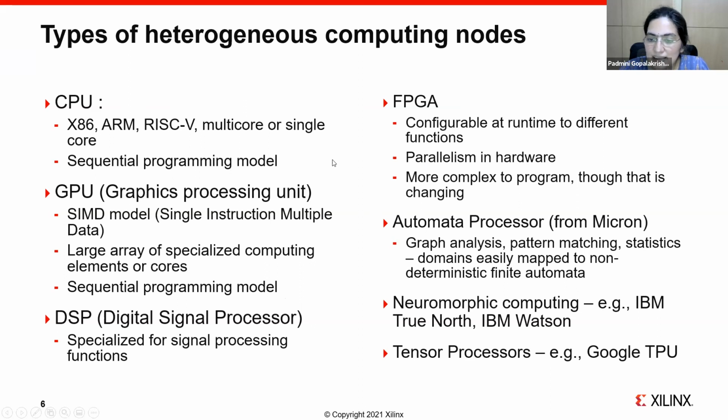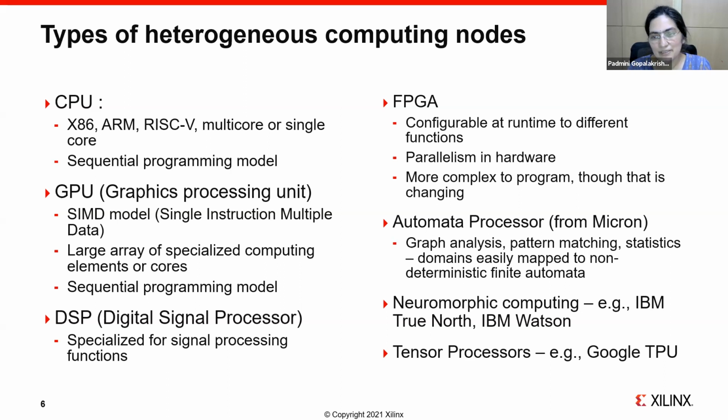Now these are the bigger families of accelerators. Now you also have more specialized accelerators. Micron has introduced a very interesting kind of processor called an automata processor. If you just Google, you'll be able to read about it. Basically it handles domains which are easily mapped to finite automata very, very well.